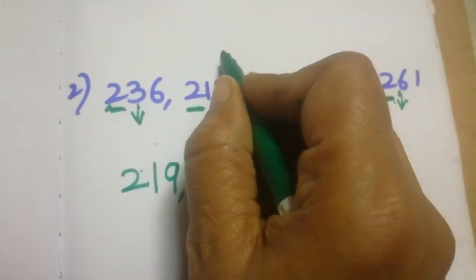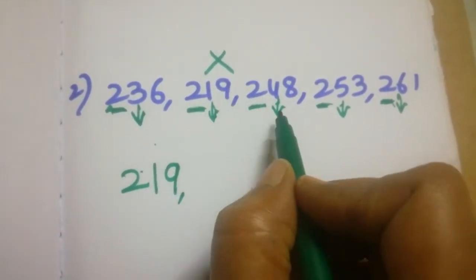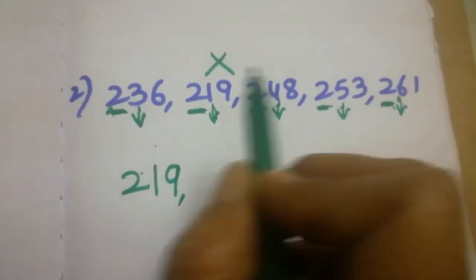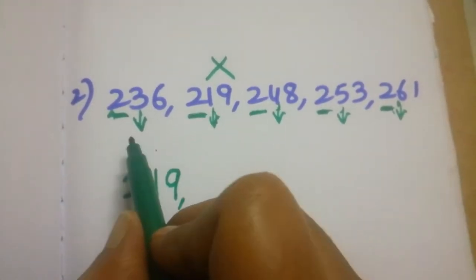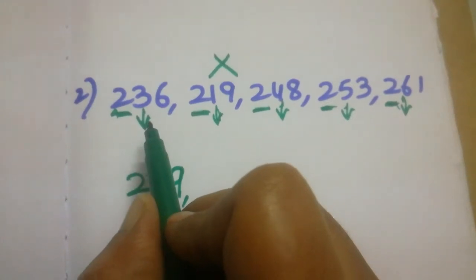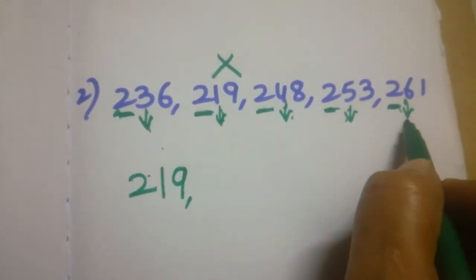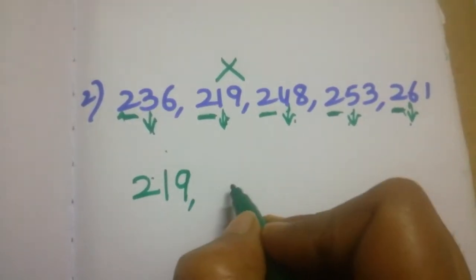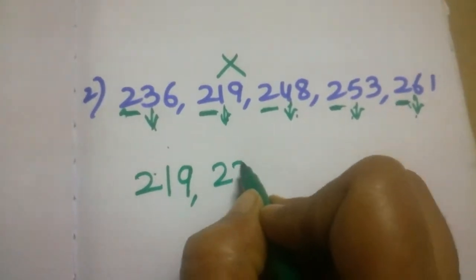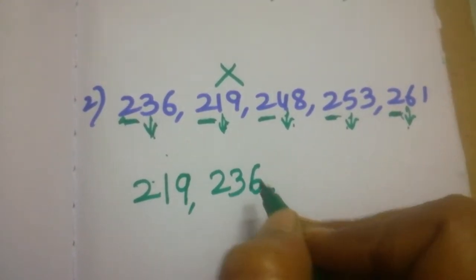So now 219 is completed. Next you have to compare other 4 numbers. If you compare the other 4 numbers, if you look at the tens place, we have 3 here, we have 4, we have 5 and we have 6. In this, which is the smallest? 3 is the smallest. So 236 is the next smallest number.